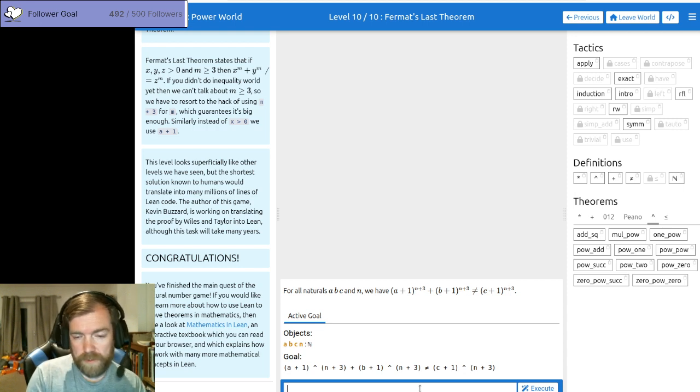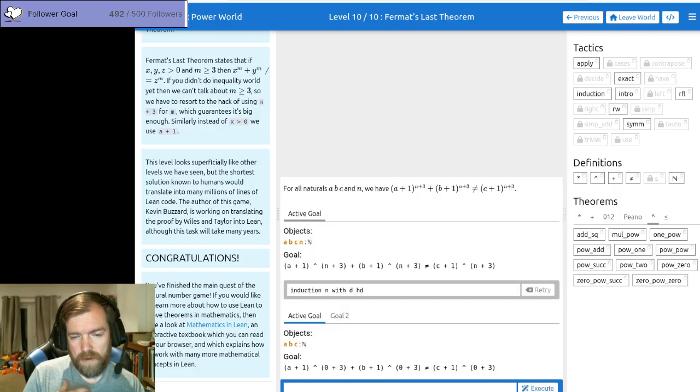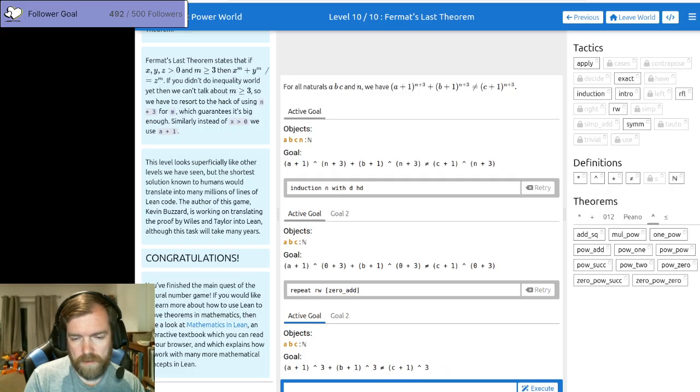Right, so in this particular case, we can say that we want to do an induction on n. Repeat, rewrite, 0 add.